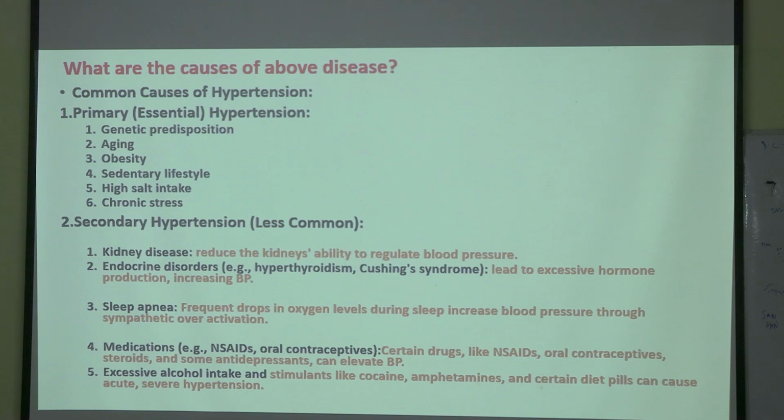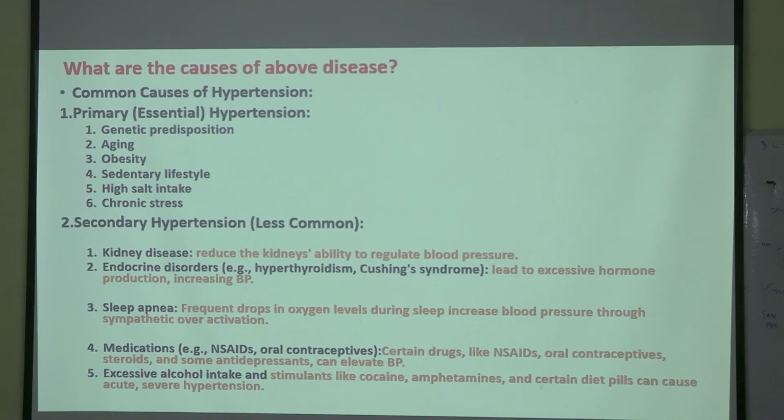These excessive secretions are not good for us. Here excessive secretions cause changes in blood pressure values or a persistent increase in blood pressure. And even sleep apnea is also related to the development of secondary hypertension.